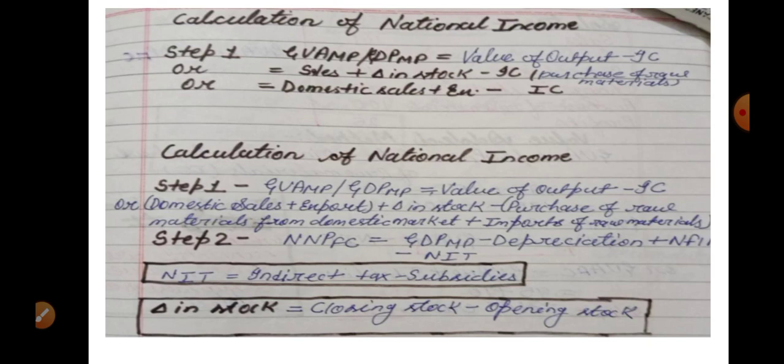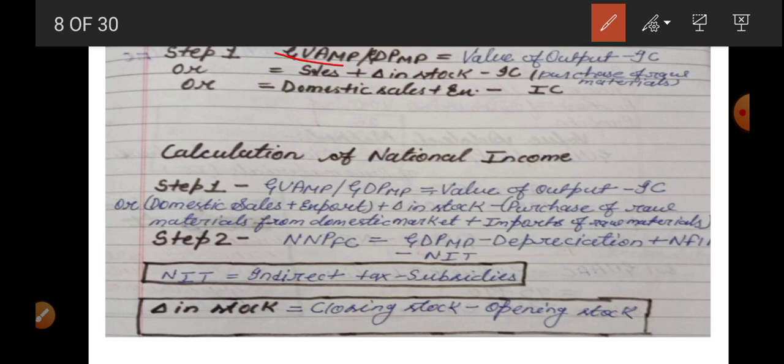Now how can we calculate national income with this method? So here is the explanation. We use two steps for calculating national income. In step 1, we use the basic equation of production method. What do we get? We get GVA MP or GDP MP, that is, gross value added at market price or GDP at market price.